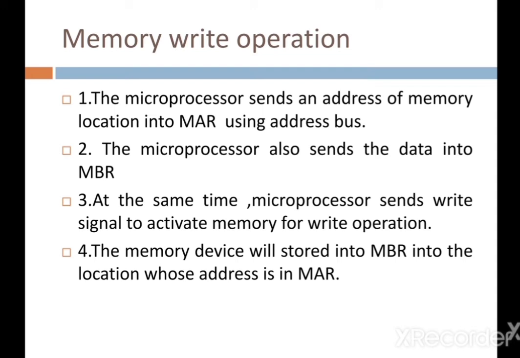That means the first, second and third steps are done by the microprocessor. Then fourth step, the memory device will store the MBR contents into the location whose address is in the MAR, the memory address register. So this is the memory write operation.